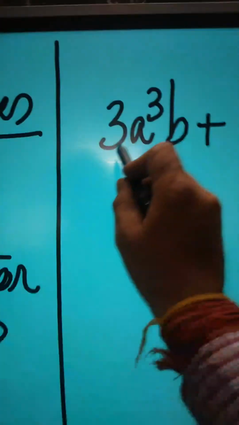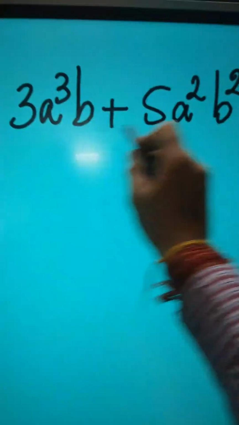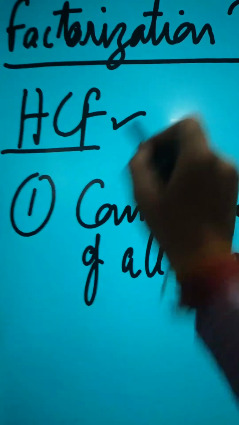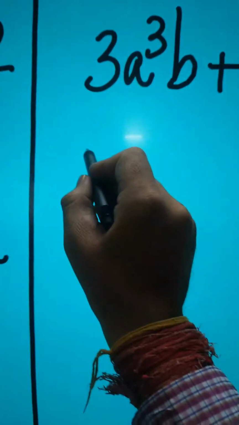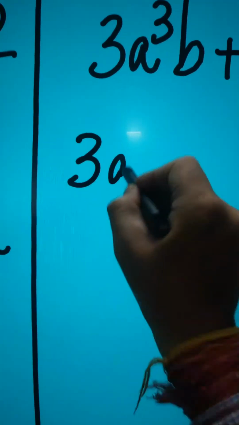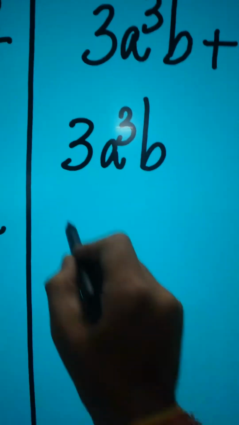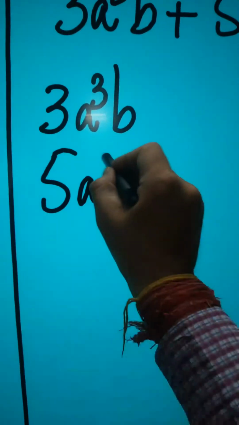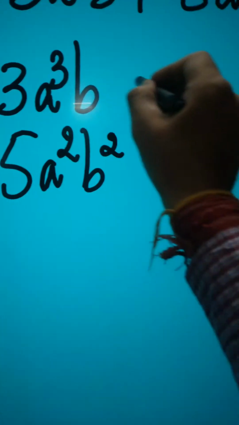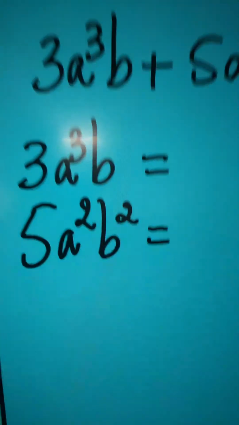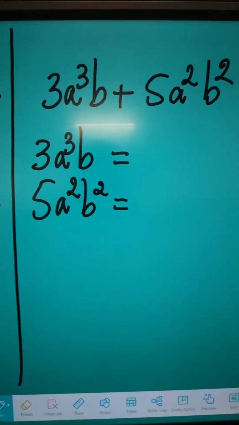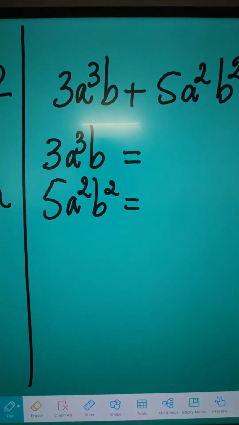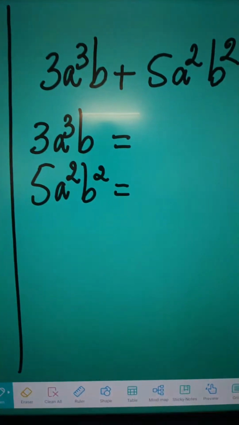Now when you factorize this, you see that there are two terms. So we will do it just like we do HCF. I will find the HCF of 3a cube b and 5a square b square. You should do this in rough, and later you will understand how to do it fast.